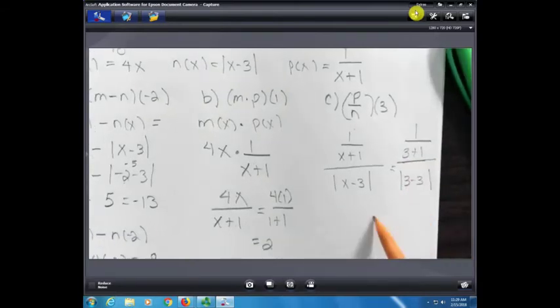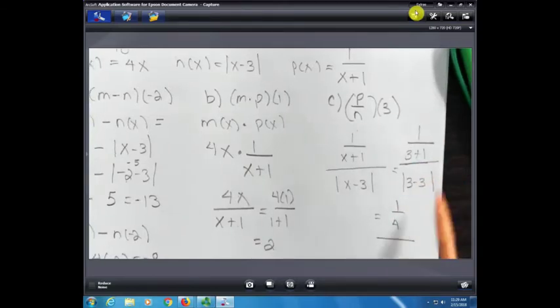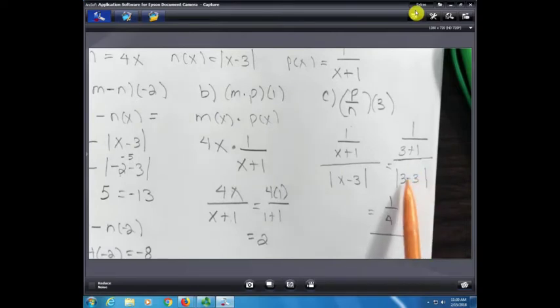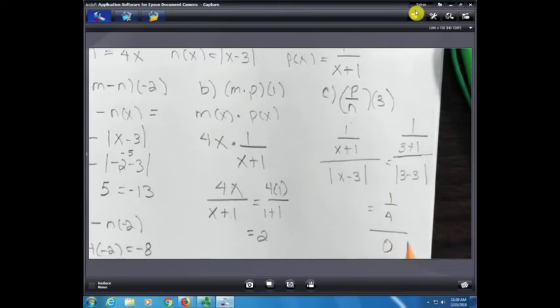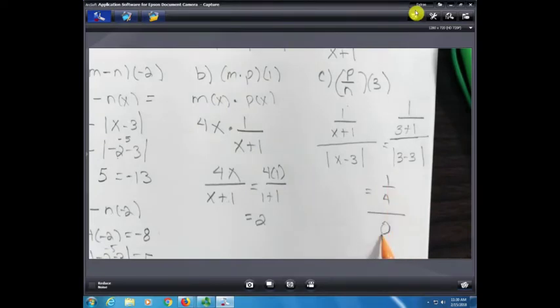Alright, so this becomes 1 over 4 divided by 3 minus 3. And the absolute value of 0 is, now, what's going on with this problem? 0 in the denominator. I have a 0 in the denominator. So this is undefined. This problem is undefined at the x value 3. Because that denominator cannot equal 0.